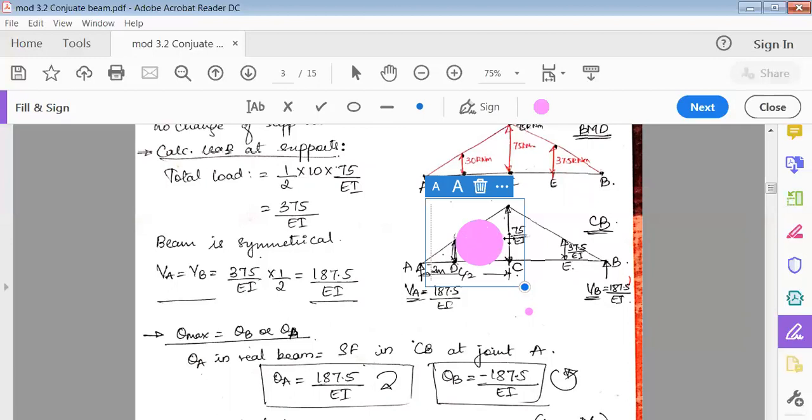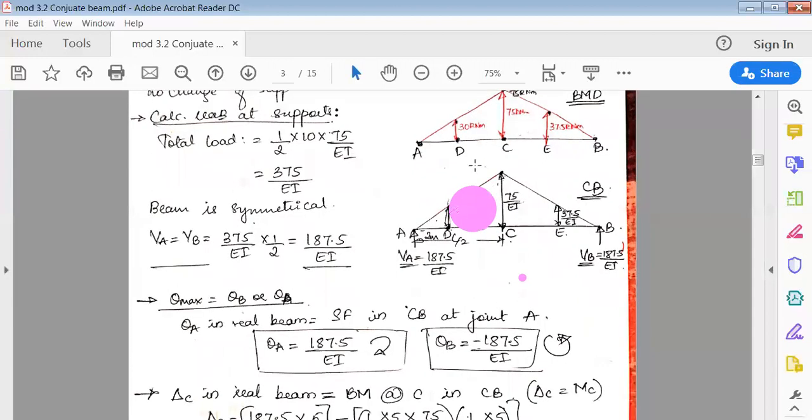The CG distance, again, we're measuring from this point.